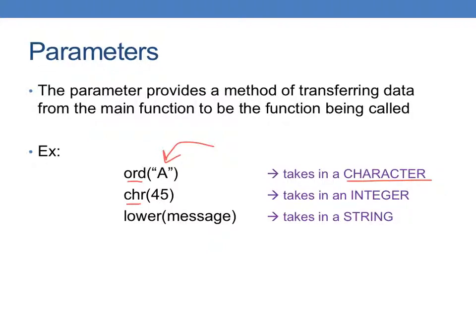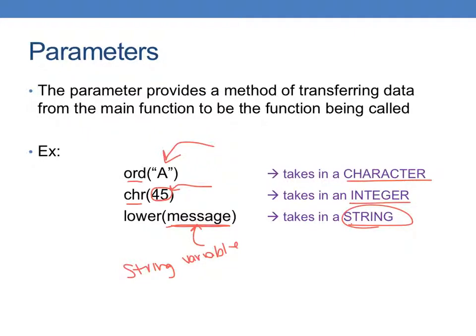The chr function needed an integer. And as a result, every time we used the chr function, we had to send an integer inside of it. And then lastly, that lower function where we had to send in an actual string, I'm going to assume that this is a string variable here. And whenever we called the lower function, it took in a string value.